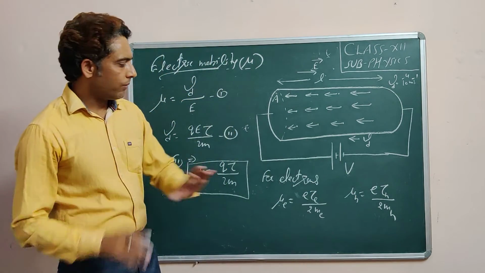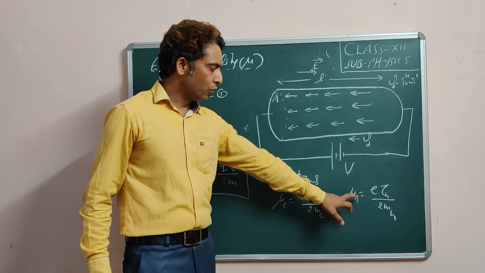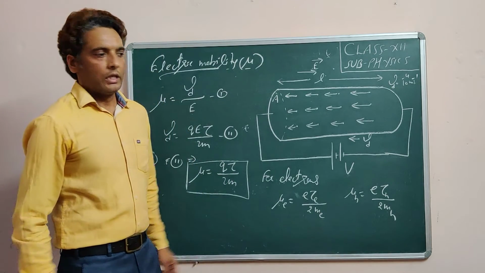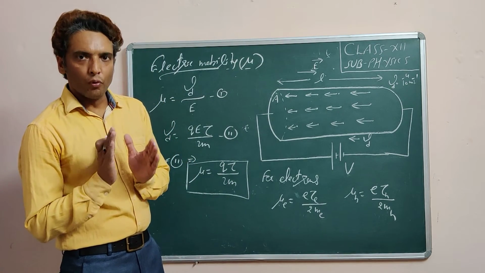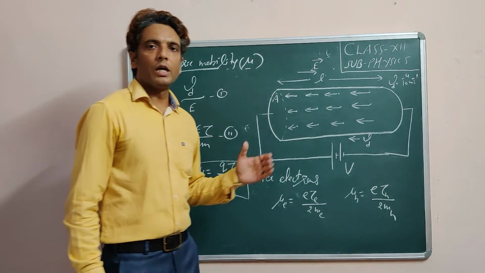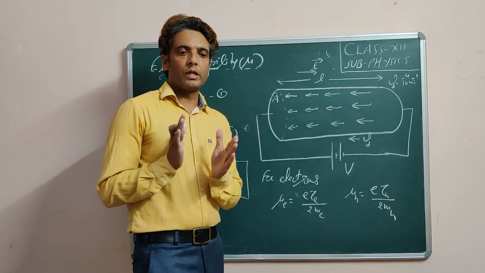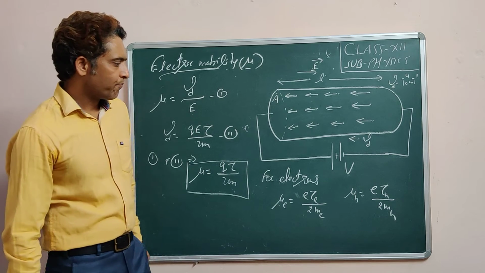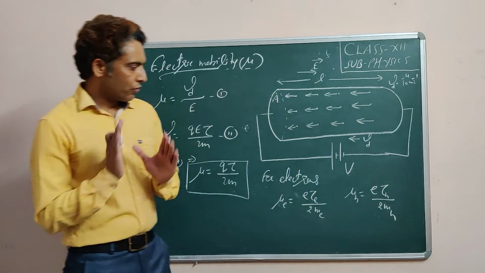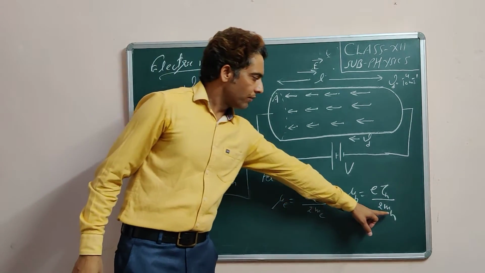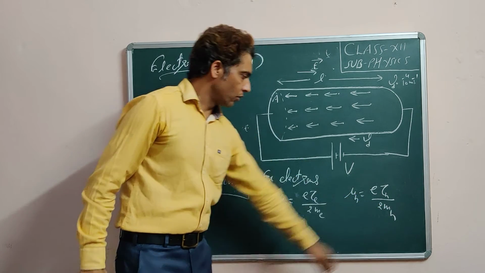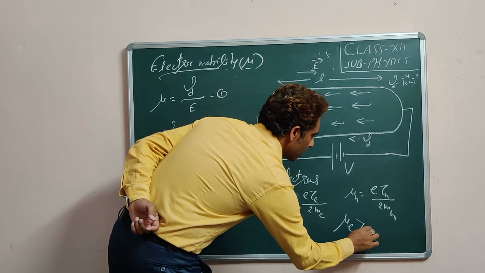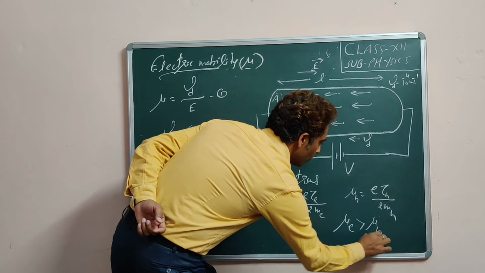Now why is the mobility of electrons greater than the mobility of holes? This is due to the mass of the holes. Actually, the effective mass of holes is greater than the mass of the electron. This effective mass is a concept of quantum physics. I just want to say that the effective mass of holes is greater than the mass of the electron, so the mobility of electrons is greater than the mobility of holes.